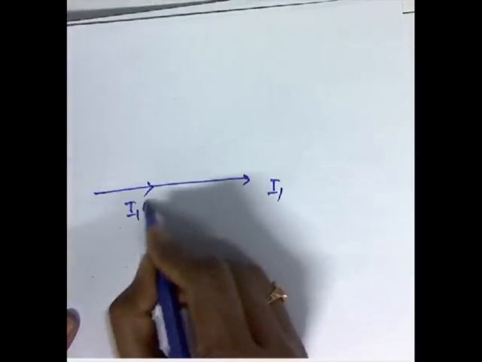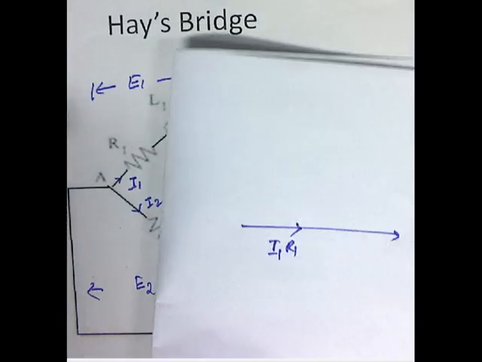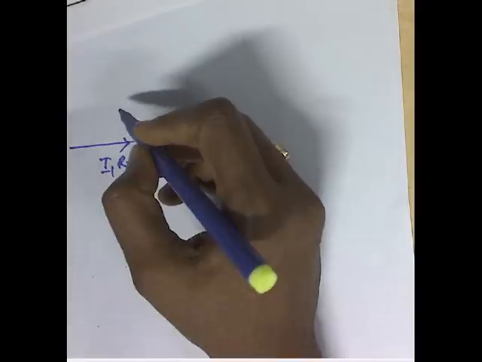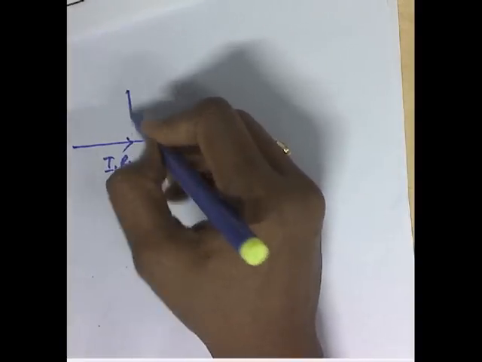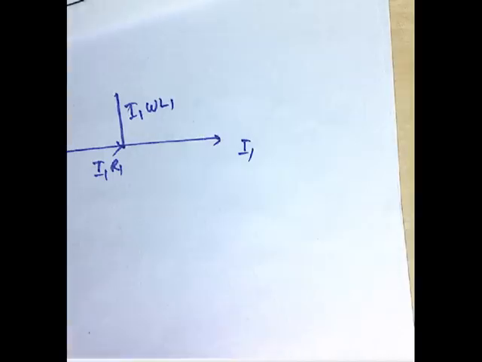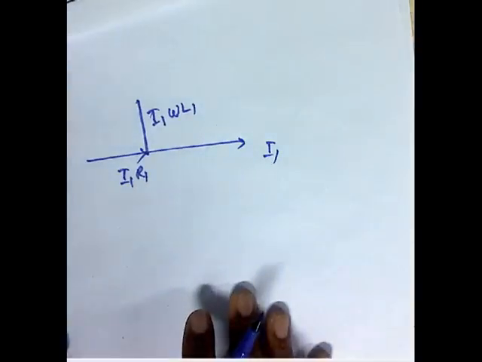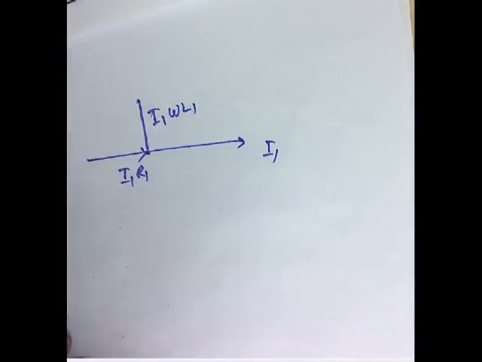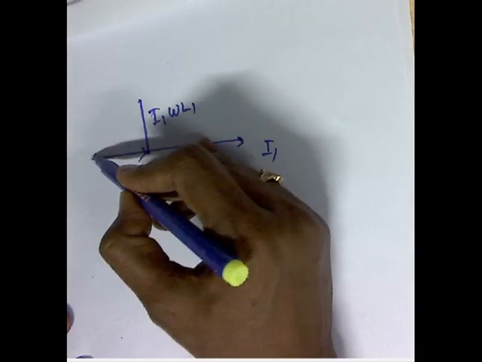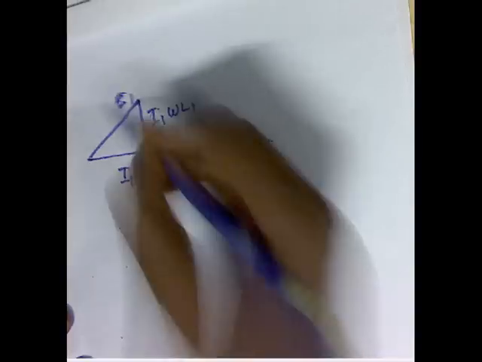Now I1 R1, this part. Now I1 omega L1. So this is your E1.